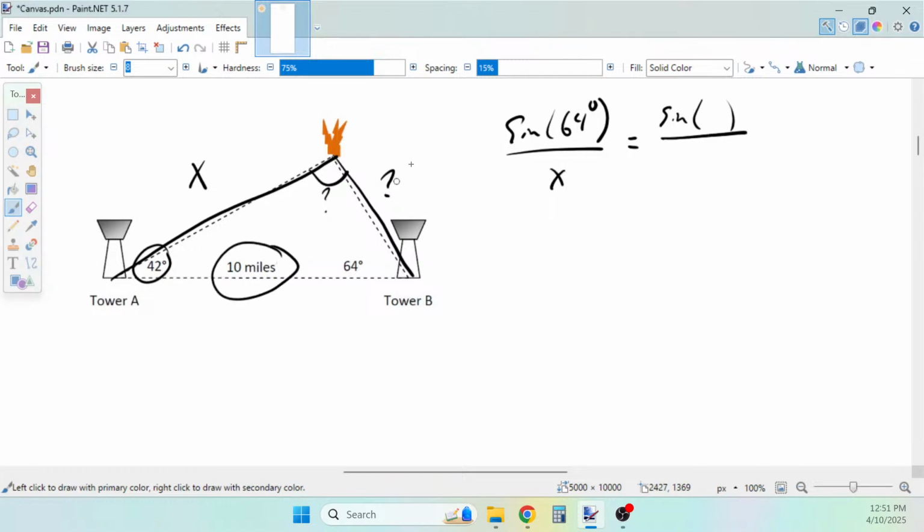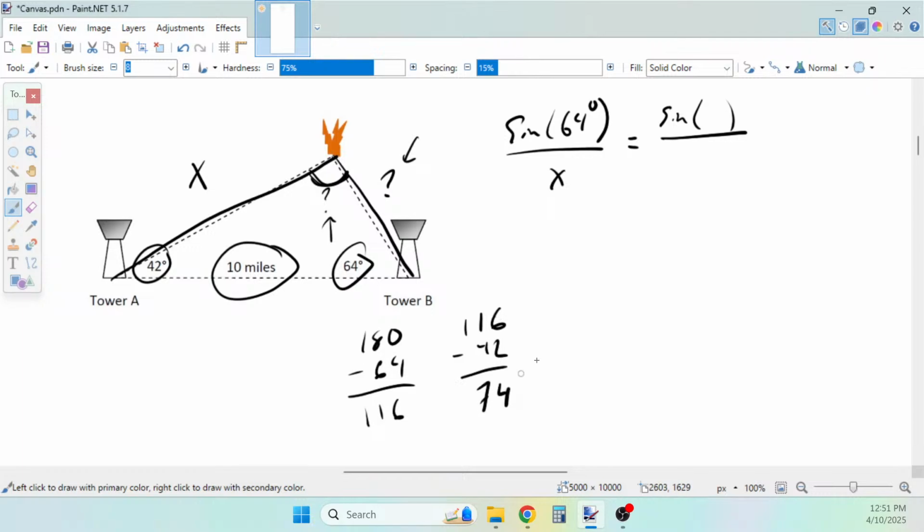And you might think, well, we don't know a side and we don't know an angle, so how do we solve this? But if you know two angles for a triangle, then you can find the third by subtracting from 180. 180 minus 42 minus 64 gives us 74.